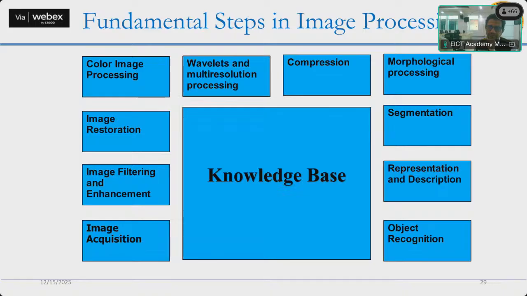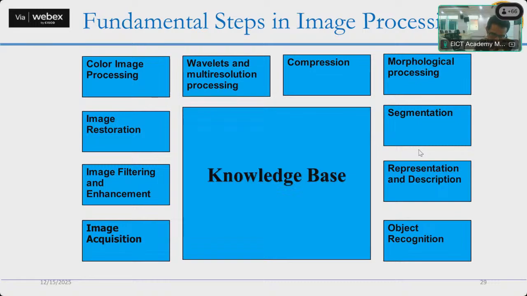Morphological processing, we will see how it helps in image processing. Segmentation, yes. When we talk about analyzing the image, analyzing the different parts of the image, then we use segmentation.